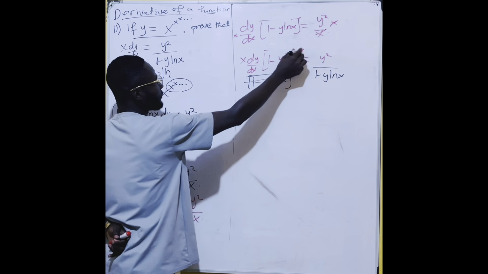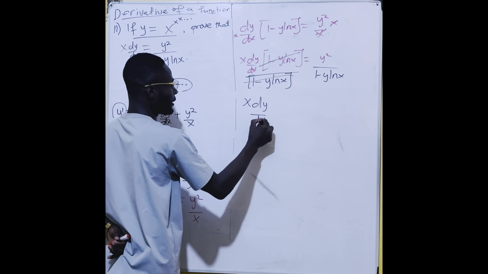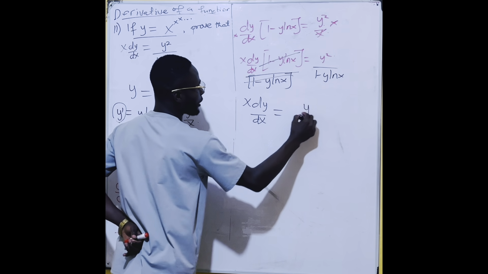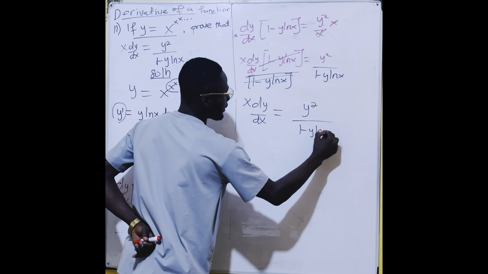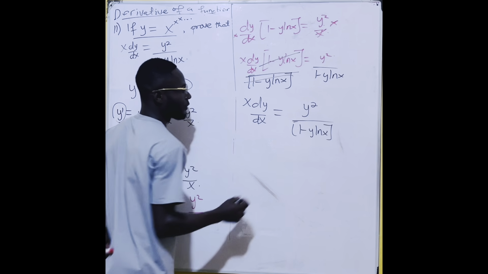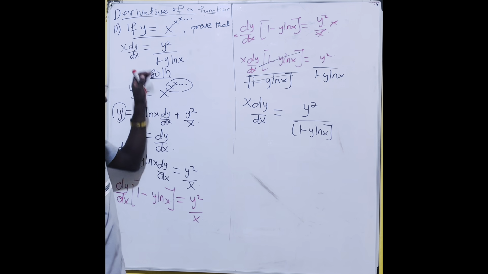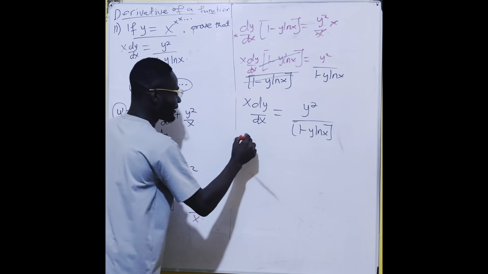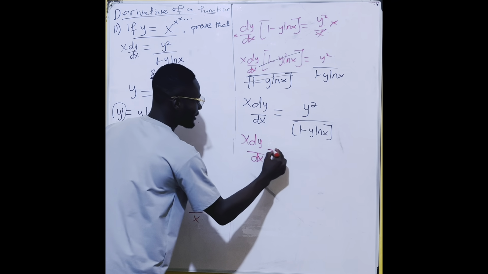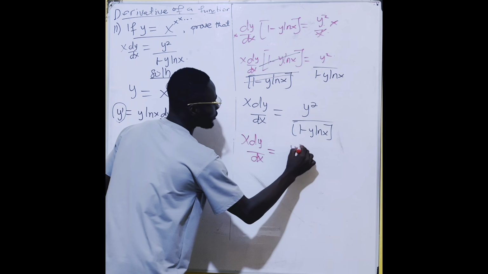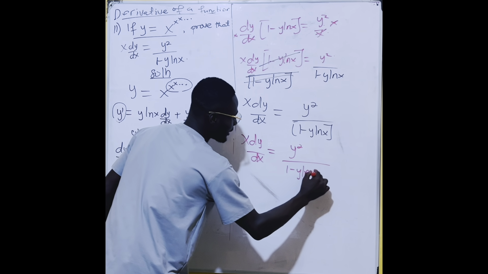So this takes off this, and then we have x dy/dx equals y squared over 1 minus y ln x. Okay, so this becomes our proof. So clearly we can say that our x dy/dx is equal to y squared divided by 1 minus y ln x.